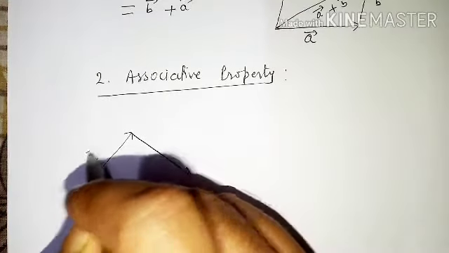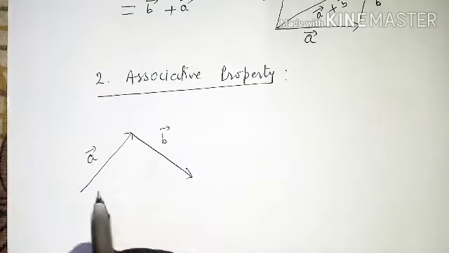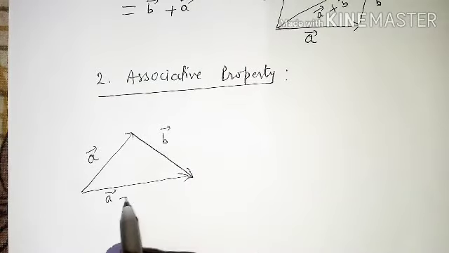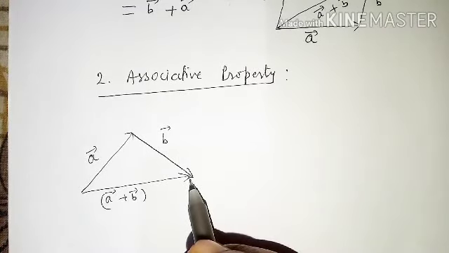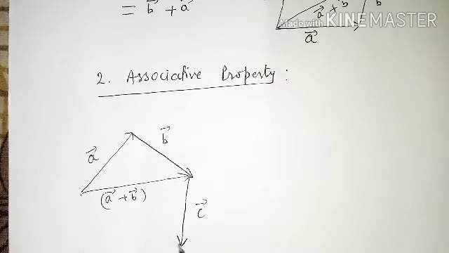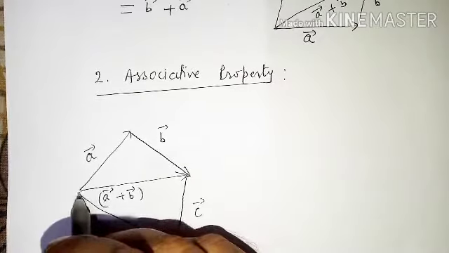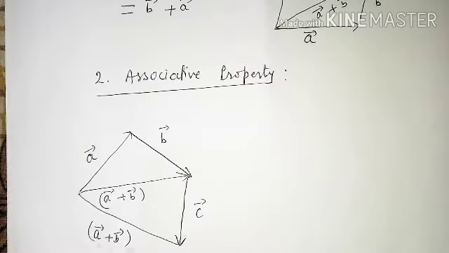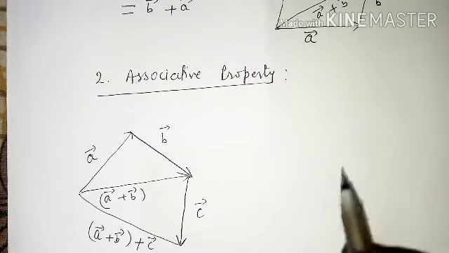This is vector a and this is vector b. Then we have this one as the resultant vector, vector a plus vector b. And if we add to this vector c, then we have this vector as vector a plus vector b plus vector c.